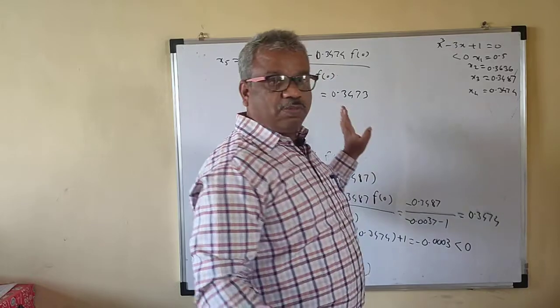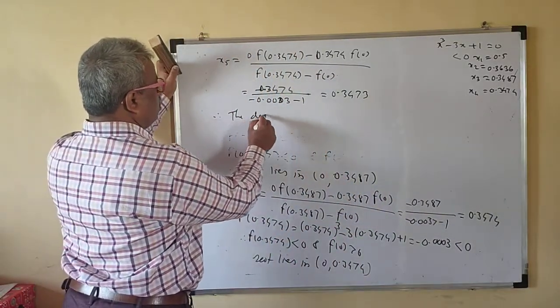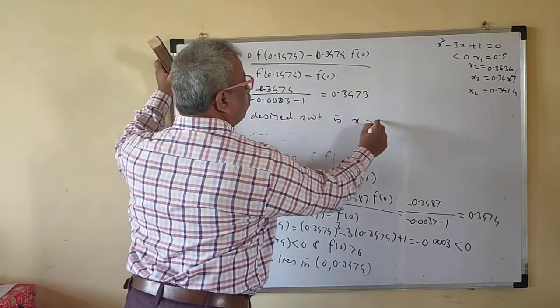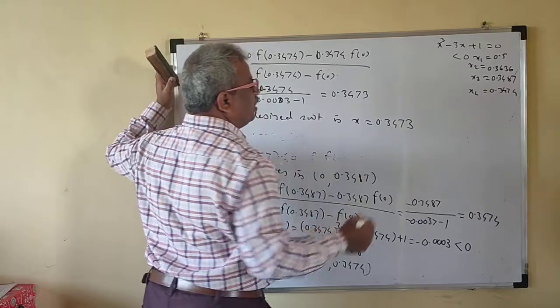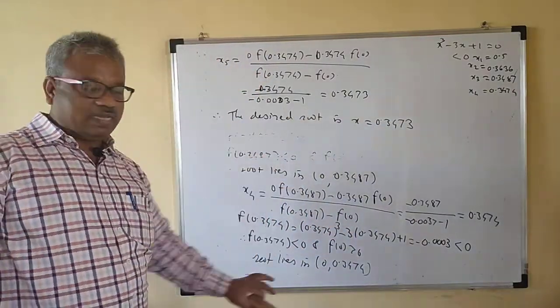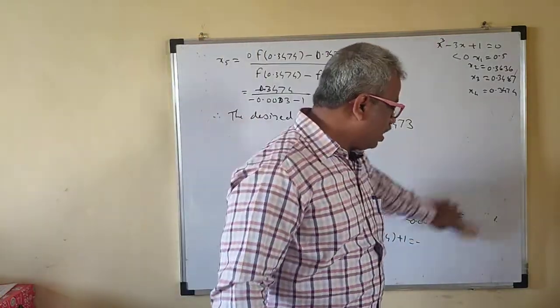So up to 3 decimal places you got the correct value. Therefore the desired root is x equal to 0.3473. Okay, now stop here. Up to 3 decimal places we get this. Now stop the iteration. If it were up to 4 decimal places, then you would have to continue the iteration.